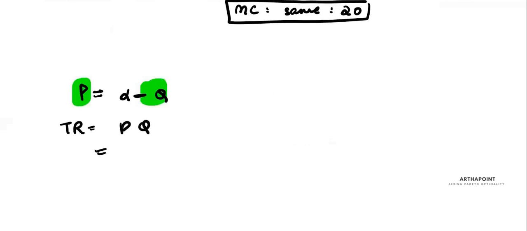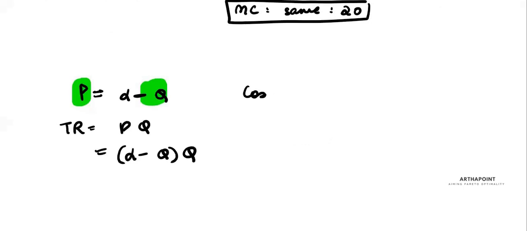Just see here. What do we do? The price function is alpha minus Q. So there is an inverse relationship between price and quantity. So my revenue of the firm is given by price into quantity, which is alpha minus Q into Q.